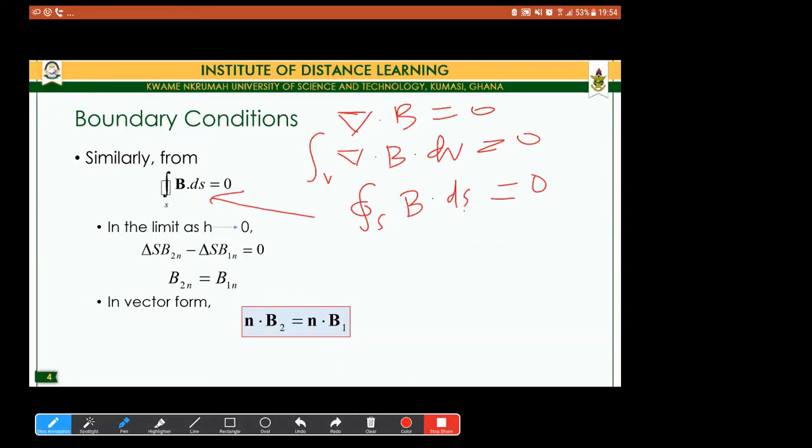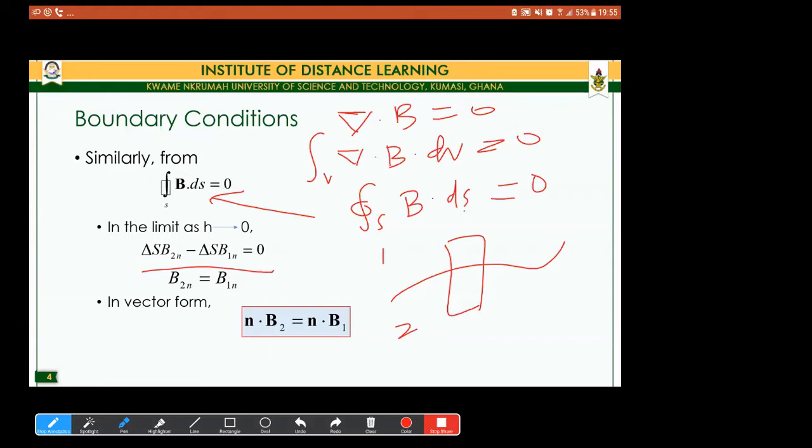And now we can use that again for the same pillbox shape that we have, part in medium 1 and part in medium 2. And then we can see that it will be the same thing as for the normal component of the flux density, except that in this case it is equal to what? 0.